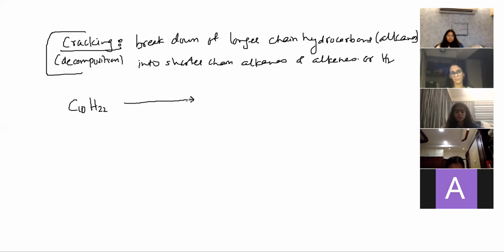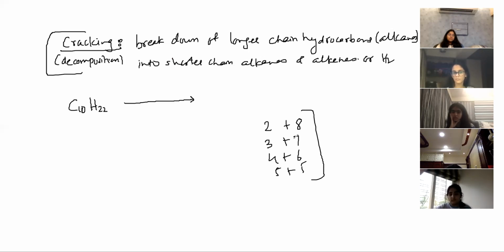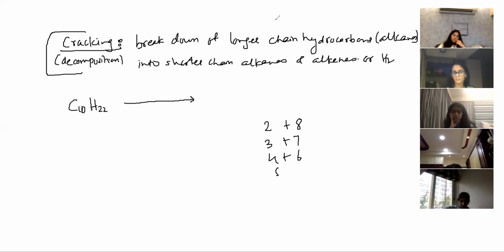It will split into two fragments. The fragmentation can be controlled and you can fragment it into any two parts. Like if there are a total of 10 carbon atoms, you can split it into 2 plus 8, or 3 plus 7, or 4 plus 6, or 5 plus 5. You can fragment it into any combination, but that depends on the reaction conditions, catalyst, etc.